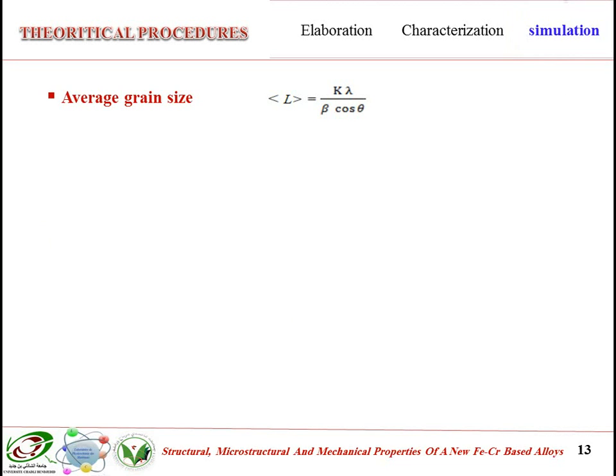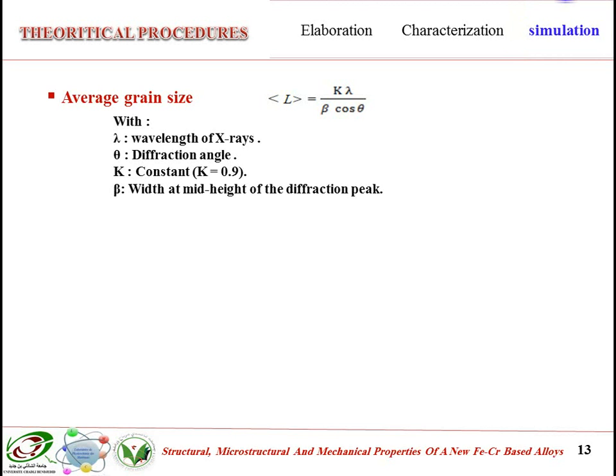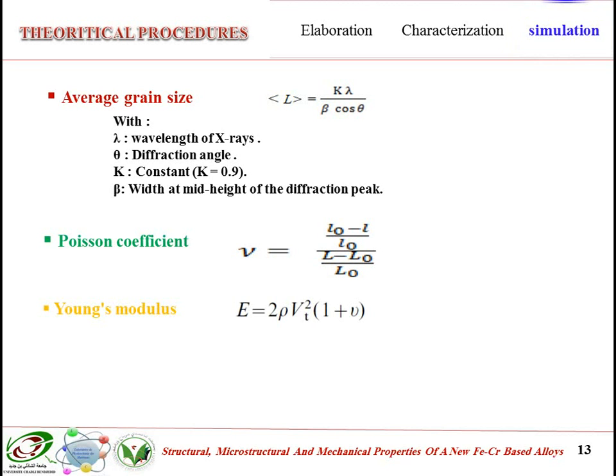Whereas the average grain size, with lambda the wavelength of X-ray, theta the diffraction angle, K a constant, and beta the width at mid height of the diffraction peak. Poisson coefficient by relation, Young's modulus, and stored energy.